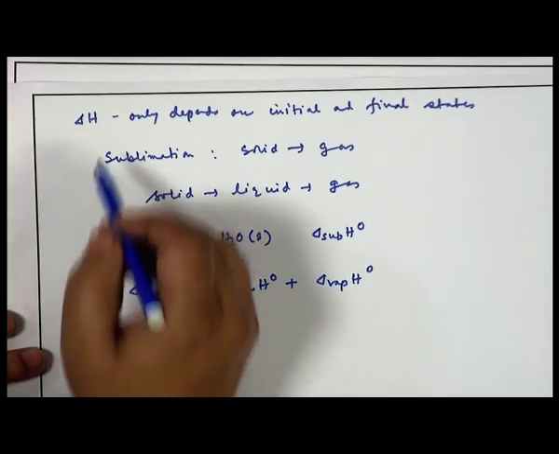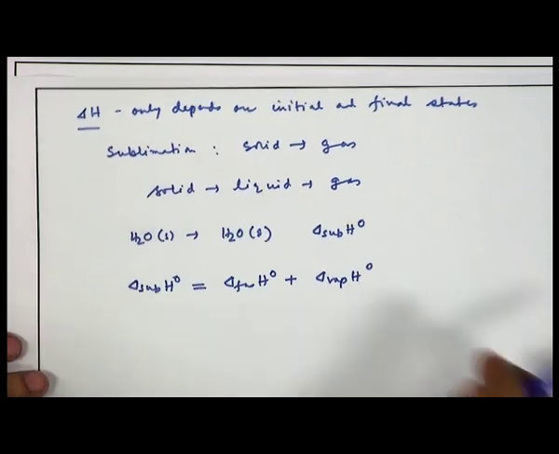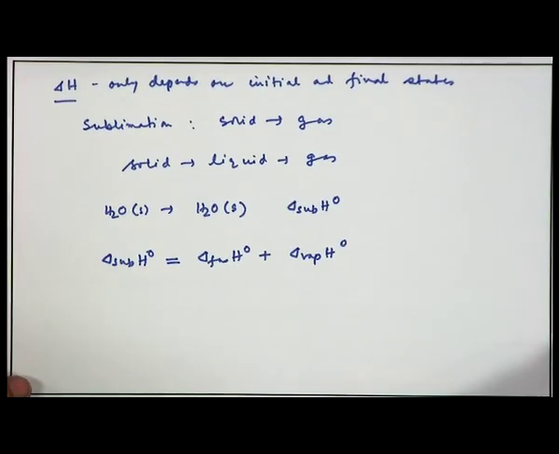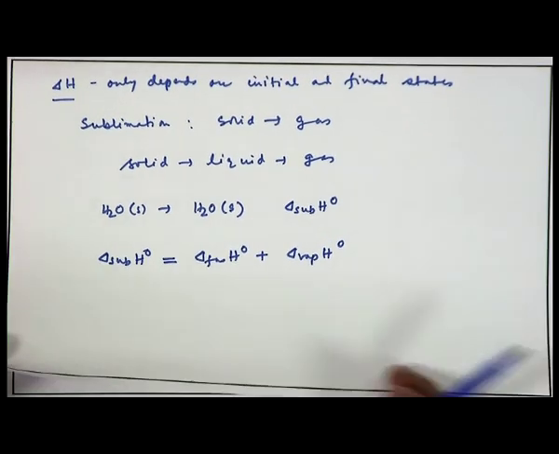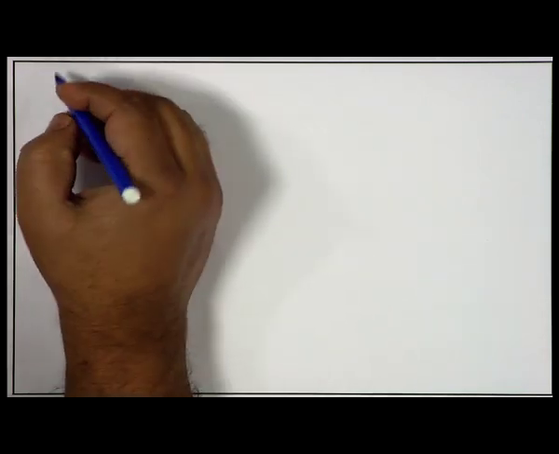Now, this is related to what we many times are calling that delta H only depends on the initial and final state. So, this is the principle behind Hess's law, which we will now discuss.